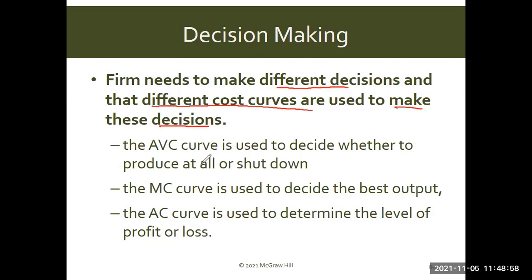So if I'm producing something, I'm going to incur variable costs, average variable costs. If the price I'm selling the product at doesn't even cover my average variable costs, then I should shut down. But if the price is higher or covering my average variable costs, then I'll want to continue to produce, even if I'm making a loss, believe it or not.